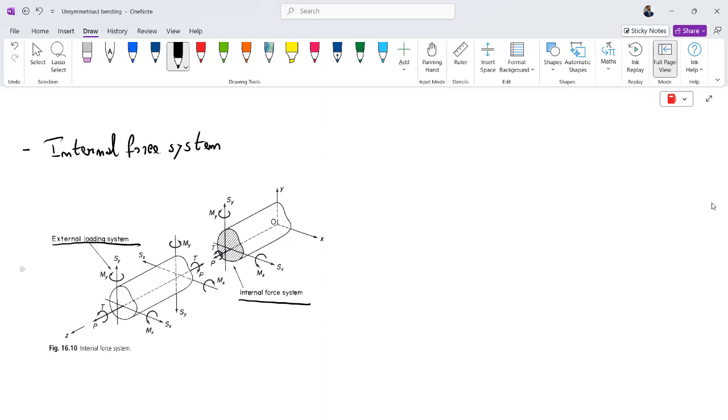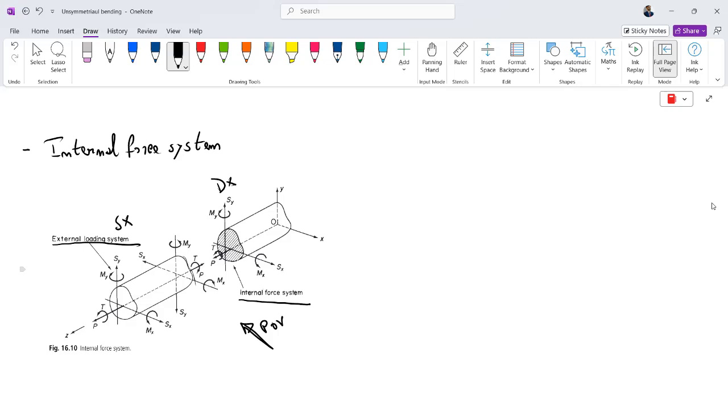If we apply an external moment and make a cut, we have on this face a moment in response to the external moment, for the equilibrium. If I see from this point of view, this is the left side of the beam, and this is the right side of the beam.